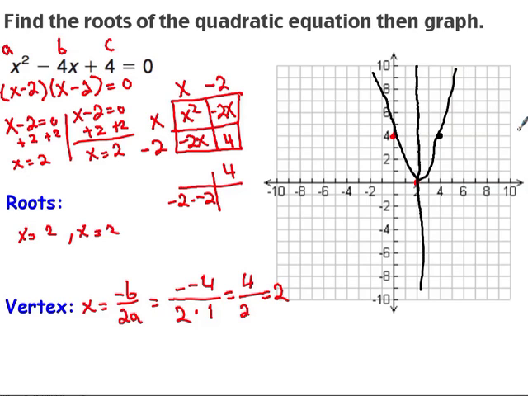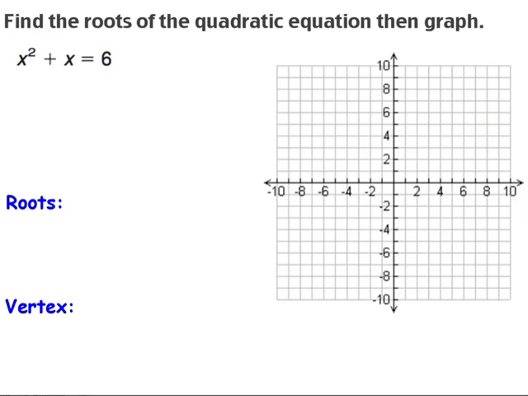Now when you're creating this flip chart, you don't have to do all the work on the flip chart. You can do it on a separate piece of paper and just include the roots and the vertex and the graph for the quadratic equation. Also, there are some problems that are kind of tricky.